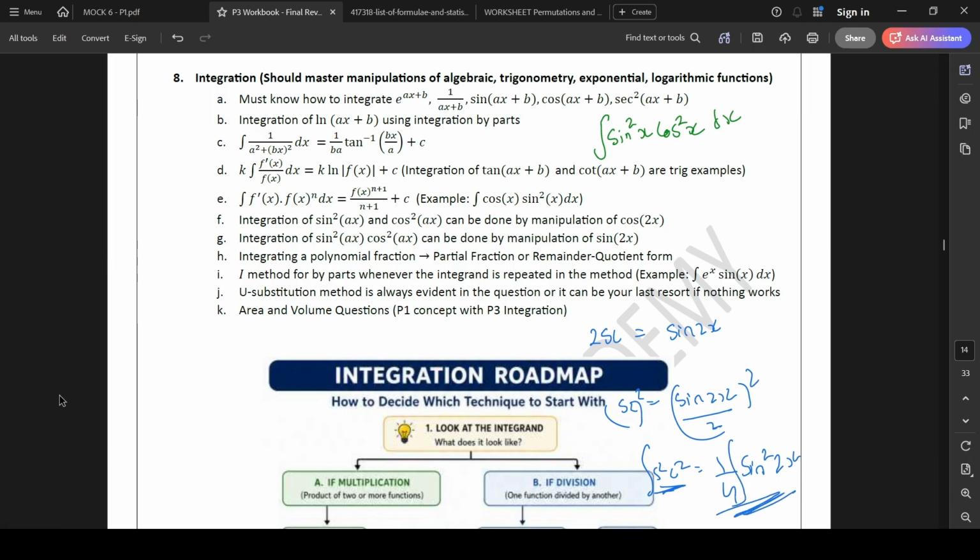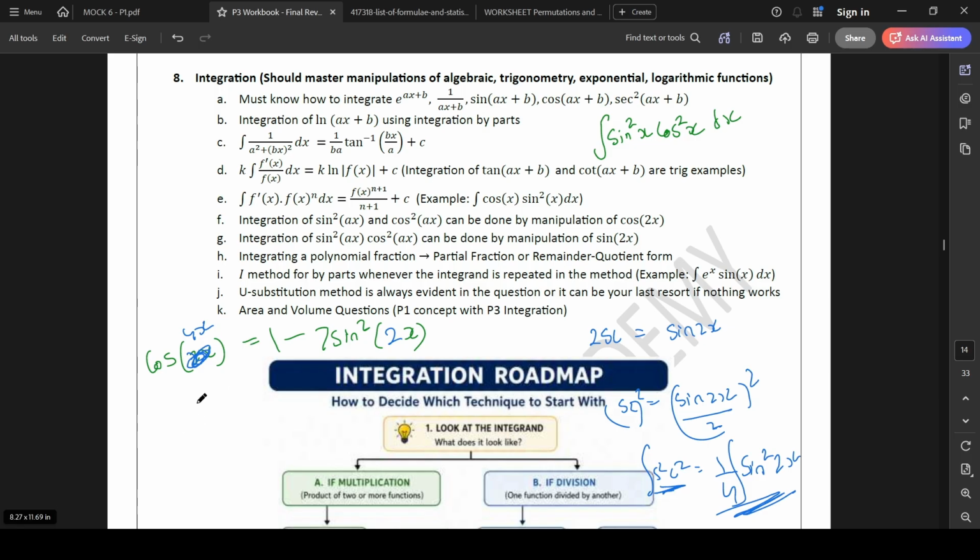So how do you integrate the sin square 2x term? In that case, you can use the cos 2x formula. I know that cos of 2x is the same as 1 minus 2 sin square x. Now I am not integrating sin square x, I am integrating sin square of 2x. So if I multiply my angle by 2, this 2x will also be multiplied by 2 and become 4x.